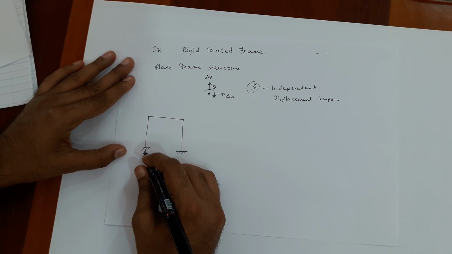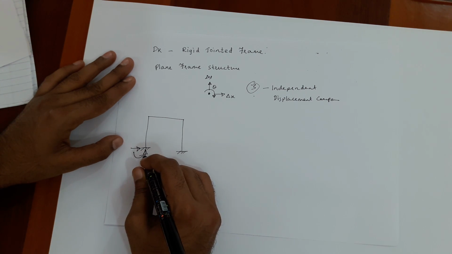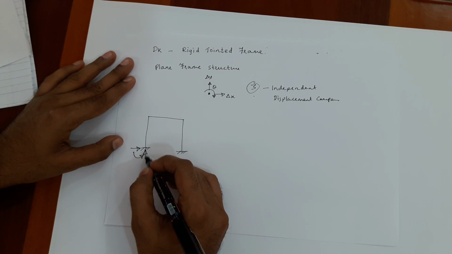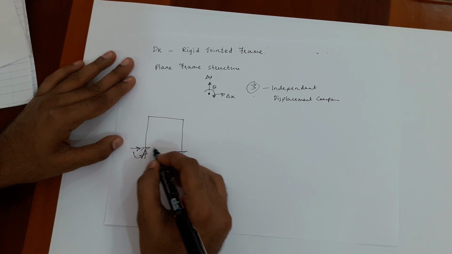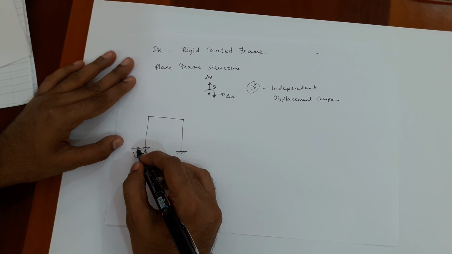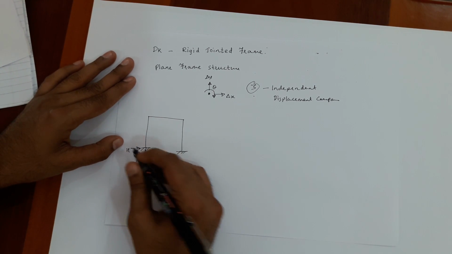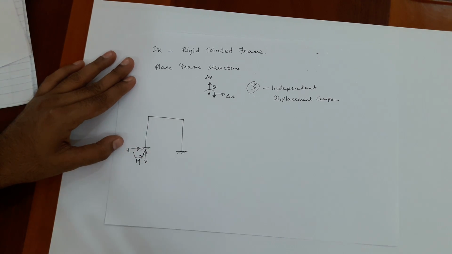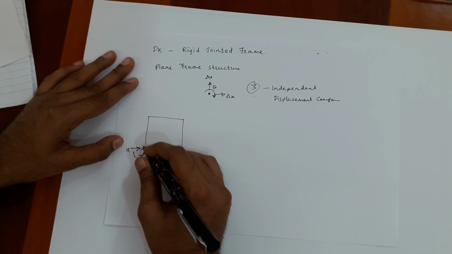The vertical reaction will not allow vertical deflection. The horizontal reaction will not allow horizontal deflection, and the resisting moment will not allow the rotation. So the deformation of this joint is 0.